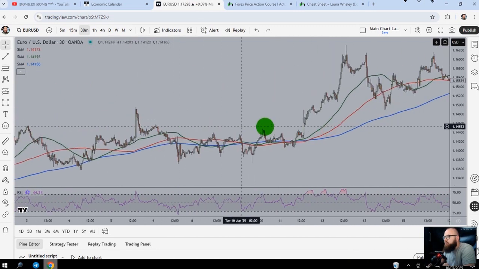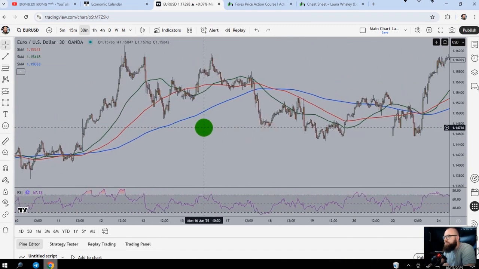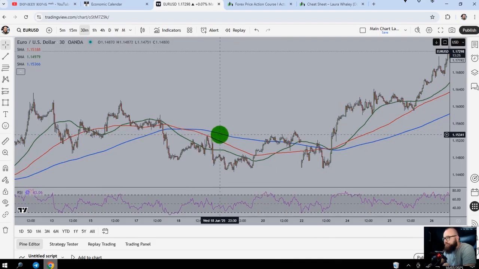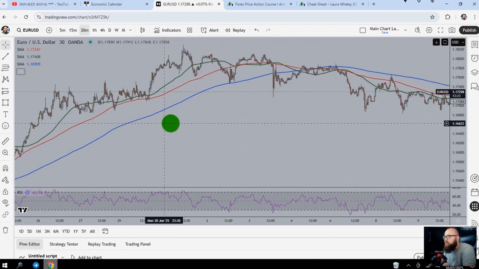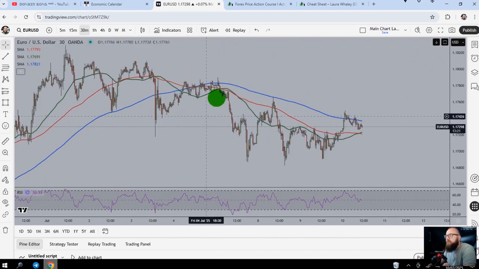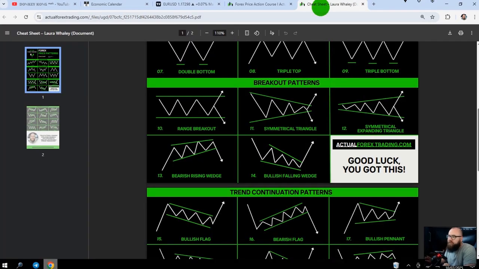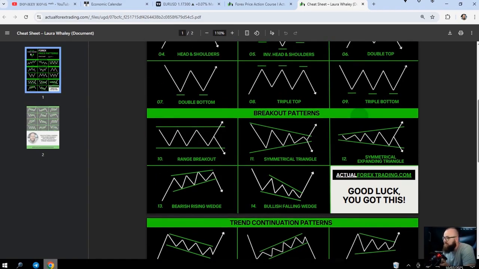But what you're looking for is like an expansion rather than a contraction. And then once again, you're looking for that breakout. I won't waste my time trying to find one for you. Number 11, number 12 are a lot less common. They're more rare. They are effective though, as effective as other patterns. They're not guaranteed, as demonstrated in one of the examples.